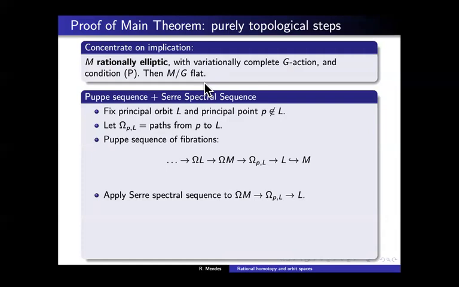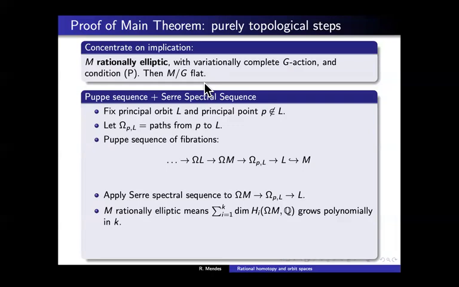Then what we're going to do to that fibration is apply the Serre spectral sequence to it. This computes the homology of the space in the middle, in some sense, from the spaces L and ΩM. Now we're going to use the hypothesis that M is rationally elliptic.